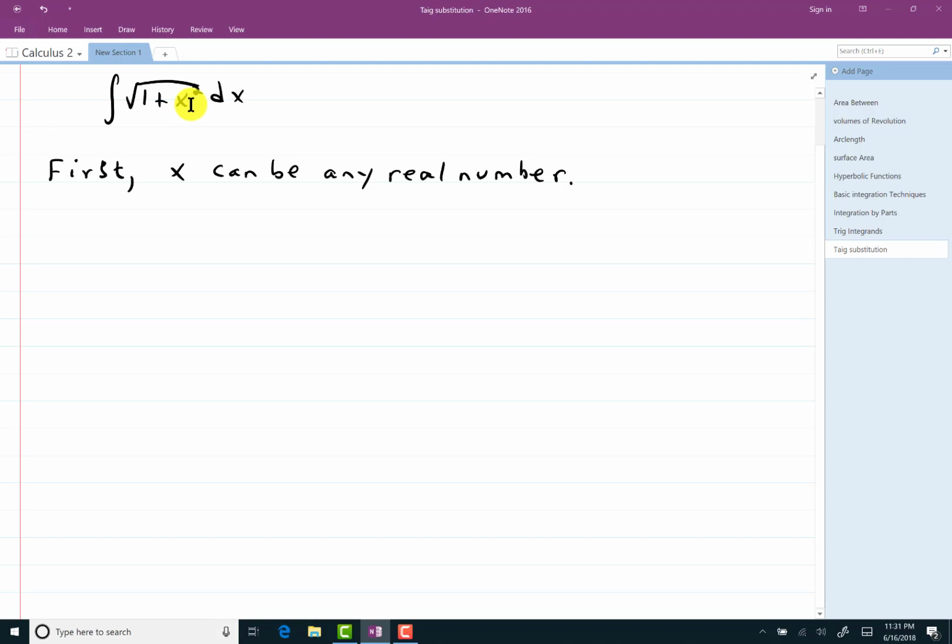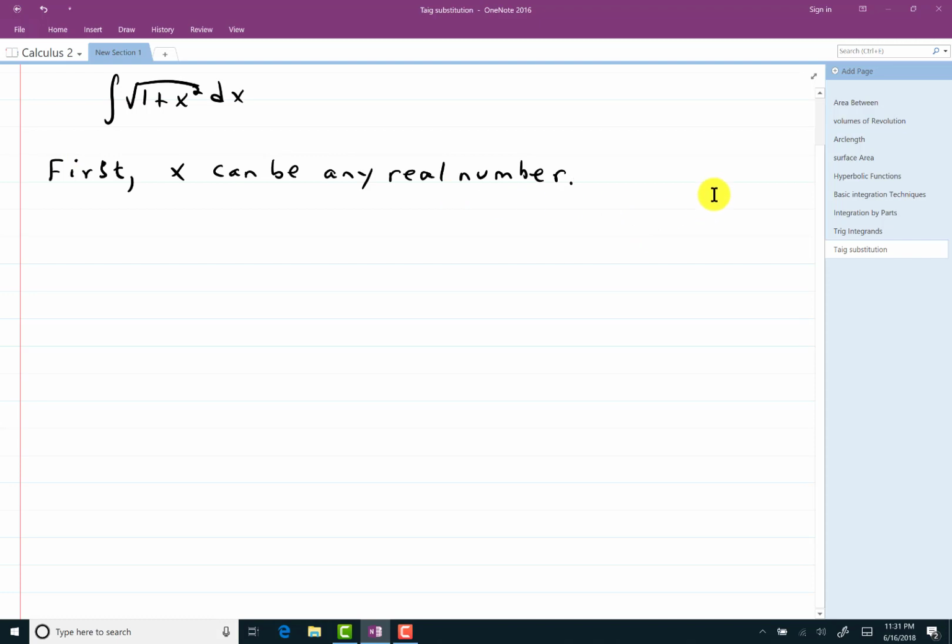That doesn't do anything for you. That's really never a good substitution to use, u equals x. It doesn't do anything except rewrite the same problem. The reason why I bring up that x can be any real number is if I want to make some sort of a substitution, I have to make sure that what I'm using to substitute will be able to handle whatever x can possibly be.